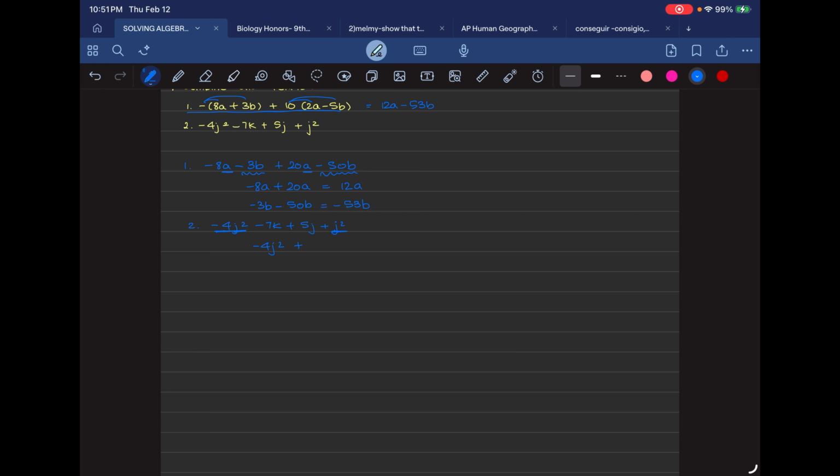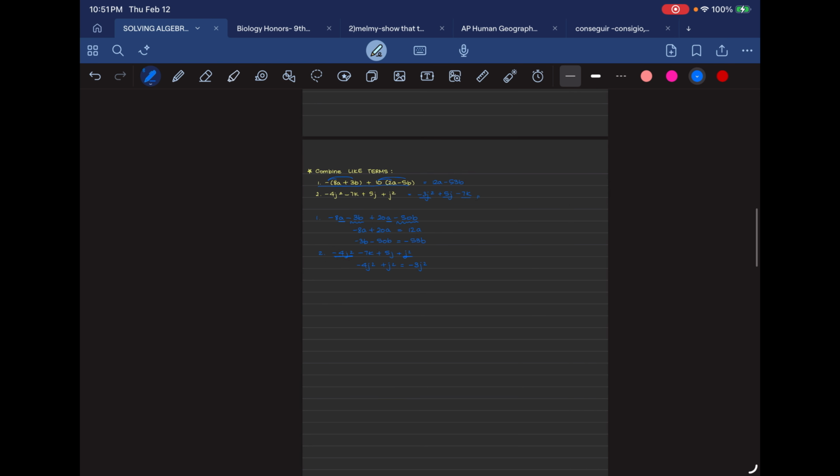So if you do this, it's going to be equal to negative 3j squared. So our final answer is going to be negative 3j squared plus 5j minus 7k. And we cannot reduce anymore because there aren't any more further like terms to combine. So this is our final answer.